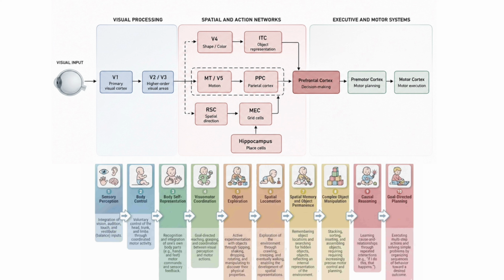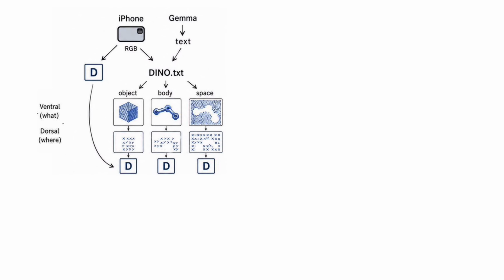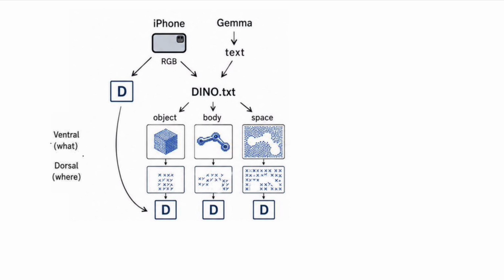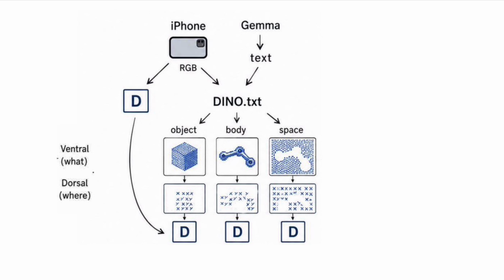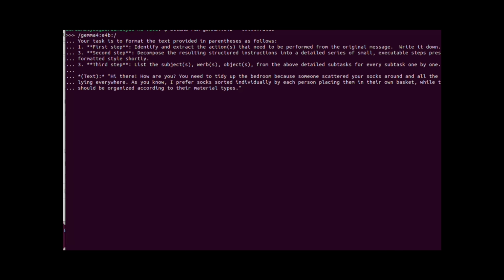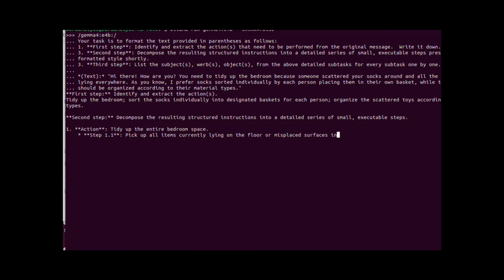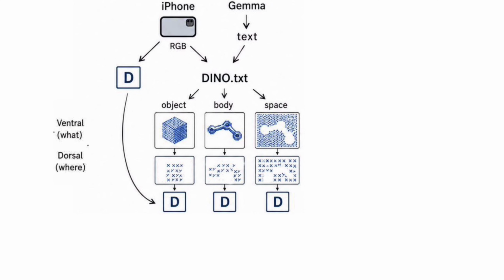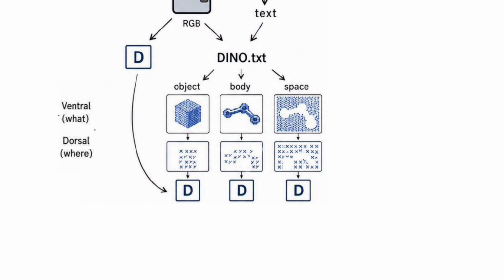Based on this, I have defined the three main pillars of my concept. The first pillar is the structured deconstruction of incoming data. Complex linguistic instructions are decomposed into simple subject, verb, object triplets using a small language model.